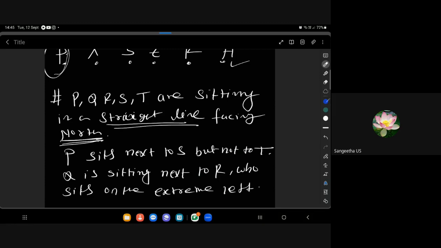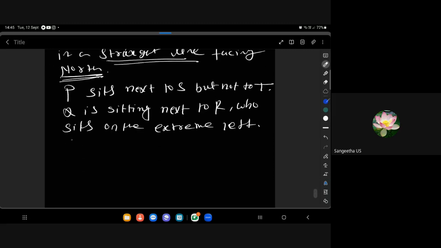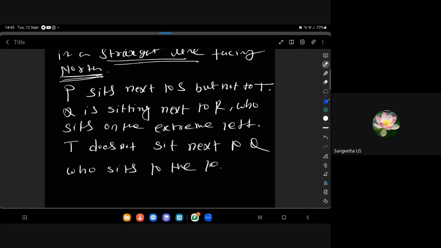T doesn't sit next to Q. Question is, who sits to the left of S? Options are P, Q, or S.